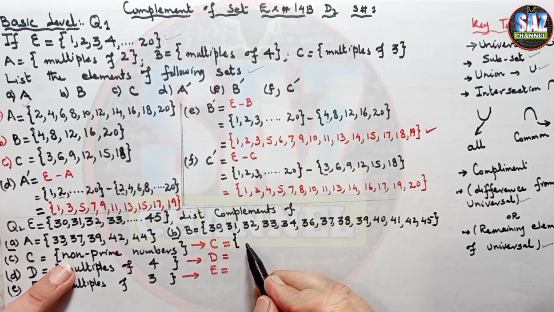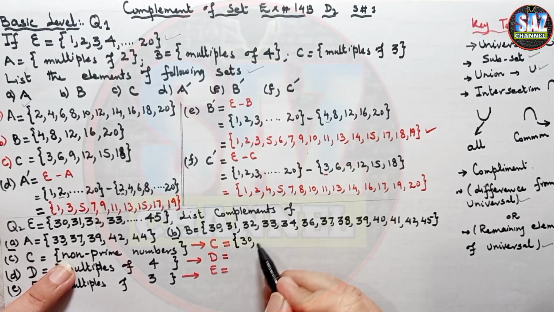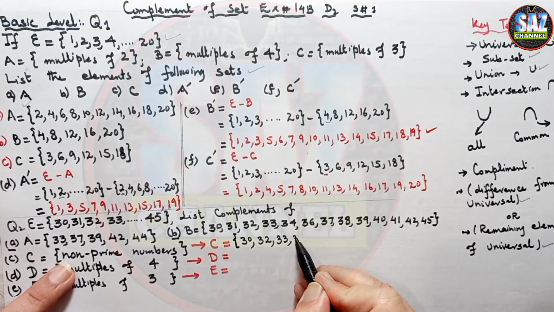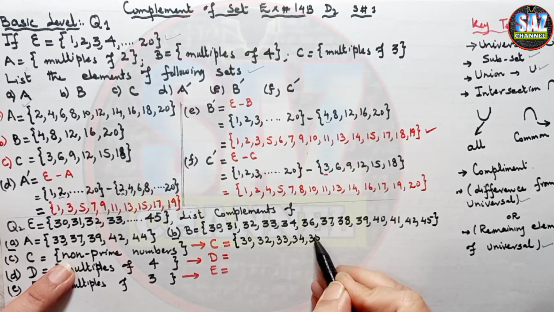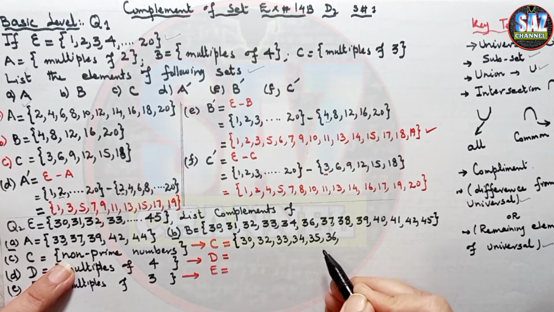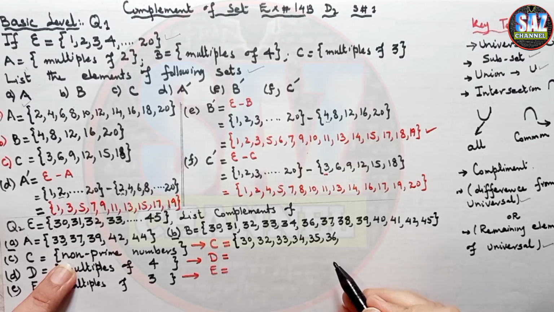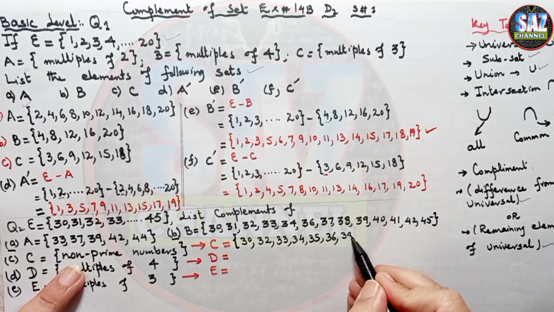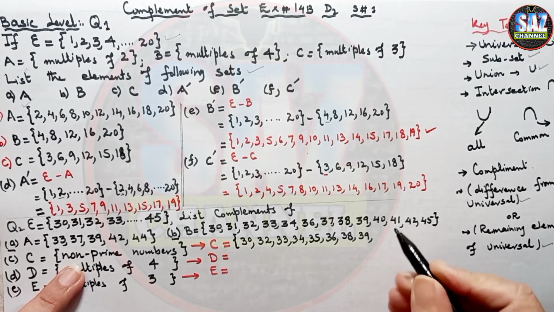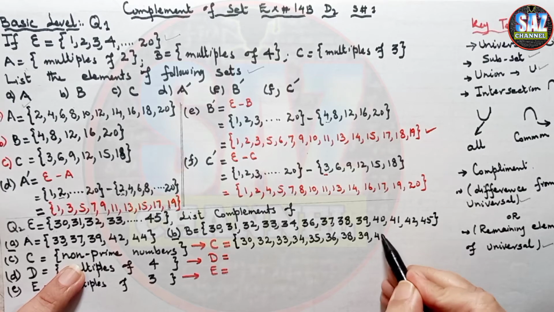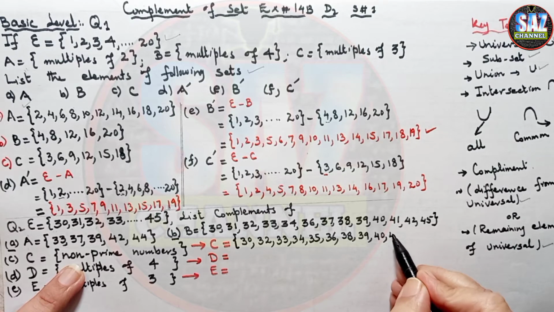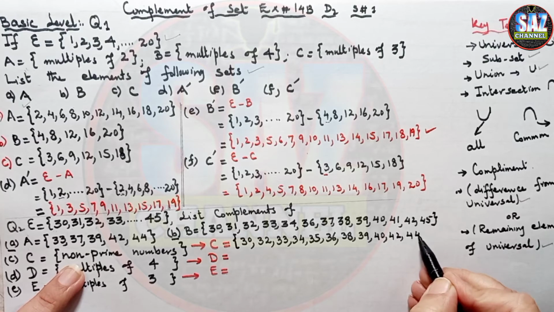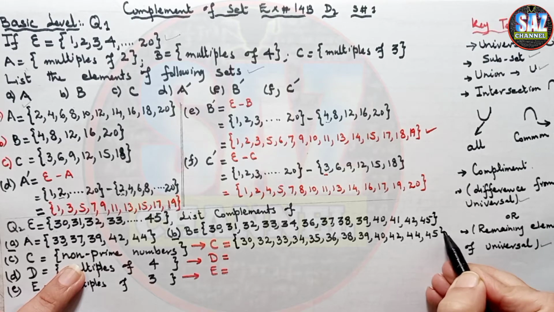So first non-prime number in the universal is 30, then 32, then 33, then 34, then 35, then 36, then 37 is a prime number, so I do not have to take that because I have to pick up non-prime, then 38, then 39, then 40, then 41, 42, 43 I have to leave, 44, and 45.